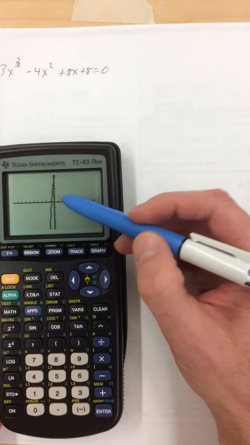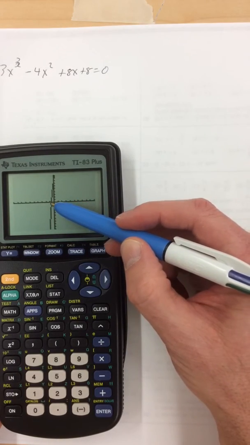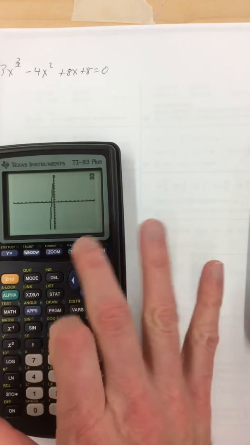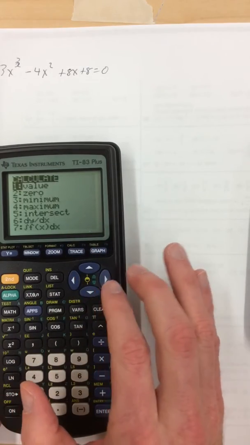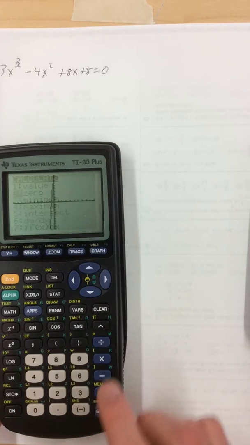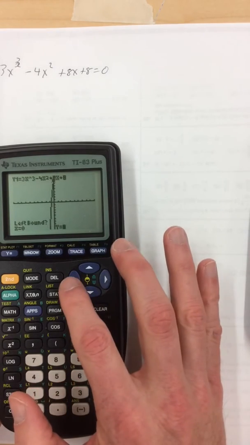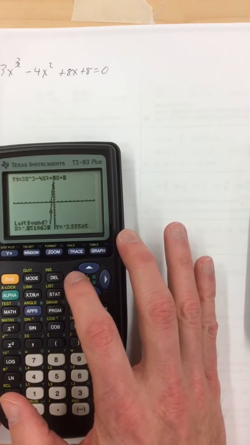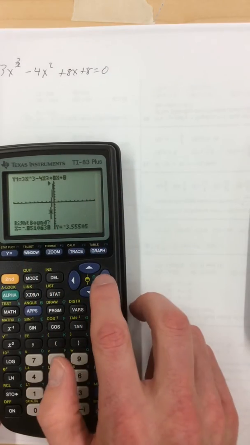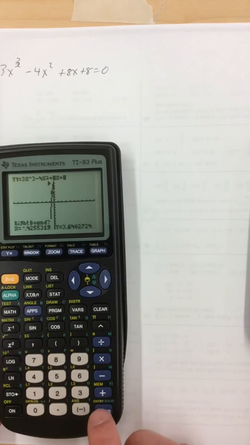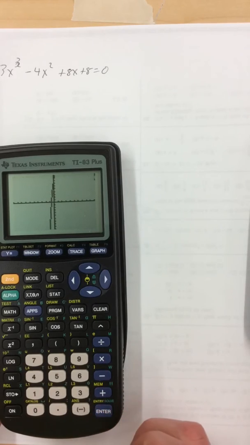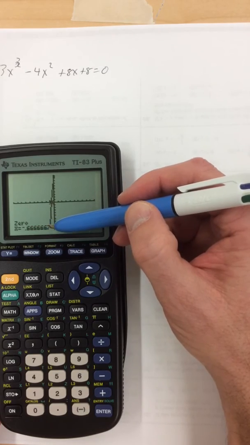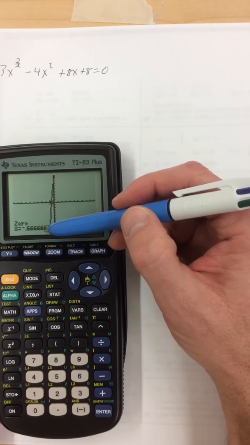And we see that we are hitting the x-axis right here, but again, how much exactly is that? I don't know, let's find out. So we do second calc, find a zero, and we do the left bound thing, and we go to the left of that, which is right there, and then to the right of that, which is right there, and we don't guess, and we come up with 0.6666667, which of course really means 2/3.